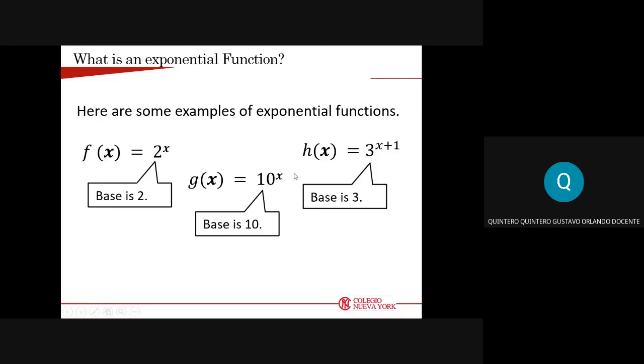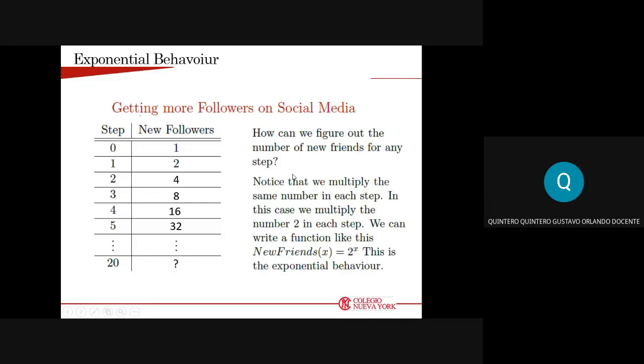Check. Look, let me show you this. Let's take a look at this table here. Do you guys remember when I said the growth factor was 2? The growth factor is 2 because I am multiplying every step by 2. So 1 times 2, and 2 times 2, and 4 times 2, right? What if I said the growth factor was 3?